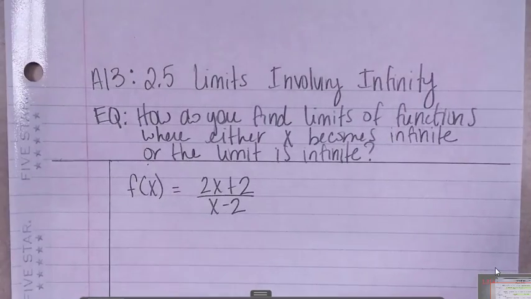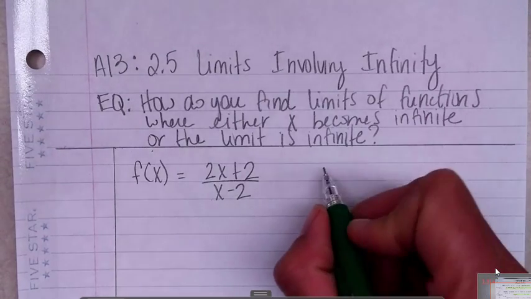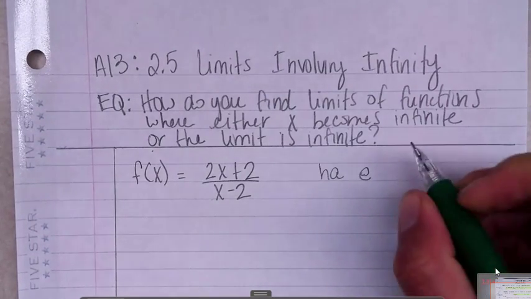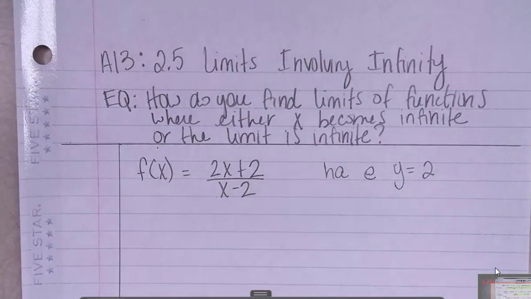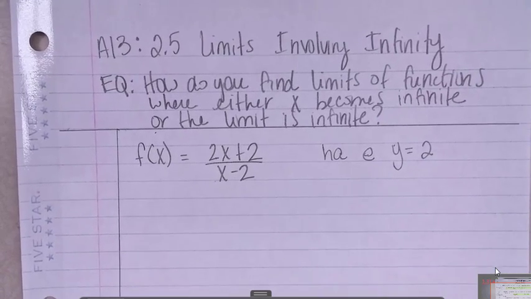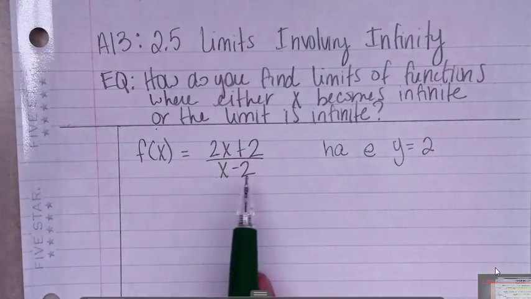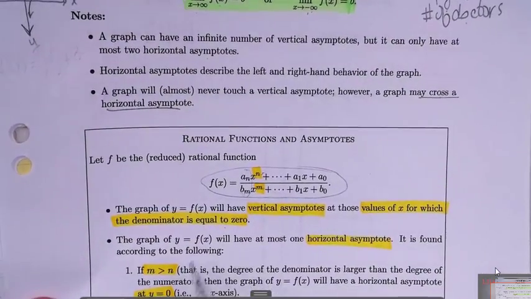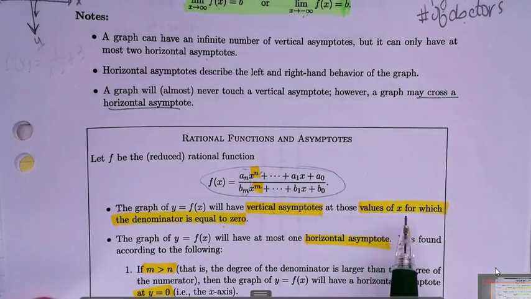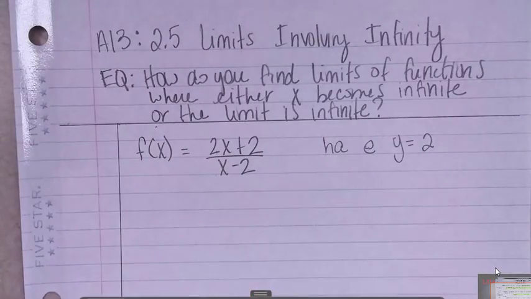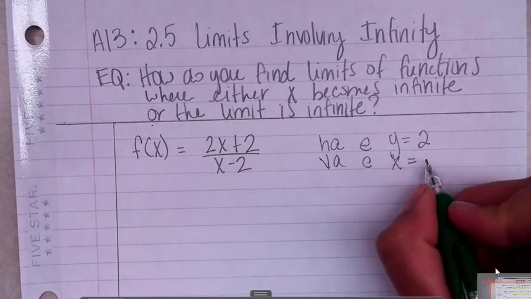So let's look at that. So my coefficients here are 2 and 1. So I know that I'll have a horizontal asymptote at y equals 2. Okay, and what about my vertical asymptote? Again, completely simplified. There's no simplifying I can do here. So I know that there will be a vertical asymptote at any values of x for which the denominator is equal to 0. So I'm going to have a vertical asymptote at x equals 2, because if I plug 2 in there, I'll get 0.